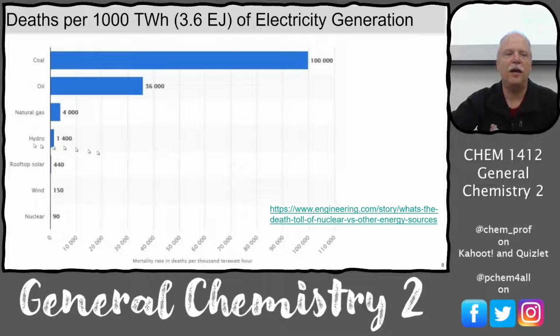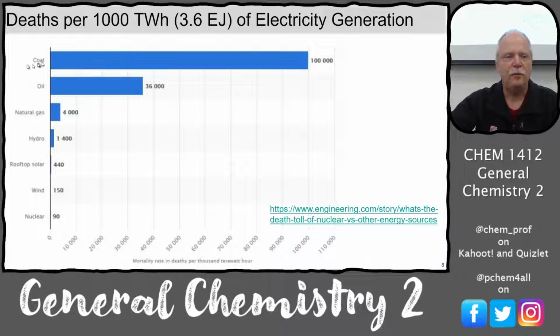Okay, so let's talk about the deaths, comparing these different ways of generating power. So this is deaths per 1,000 terawatt hours. Most facilities produce megawatts of power, but if you're dealing with nationwide or worldwide amounts of energy, then you get up into terawatts and exajoules and so on.